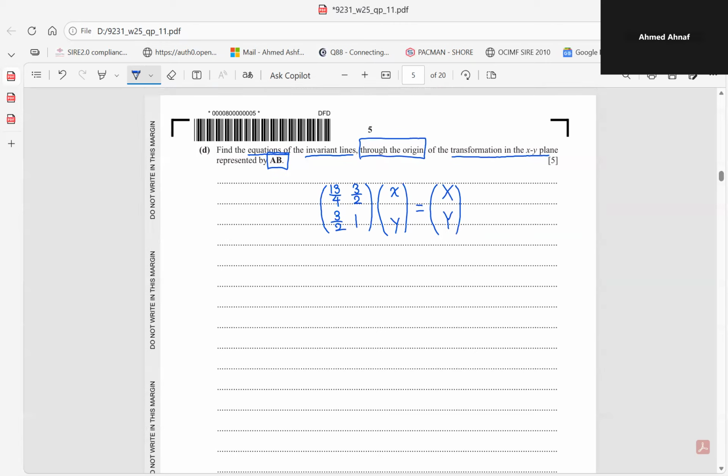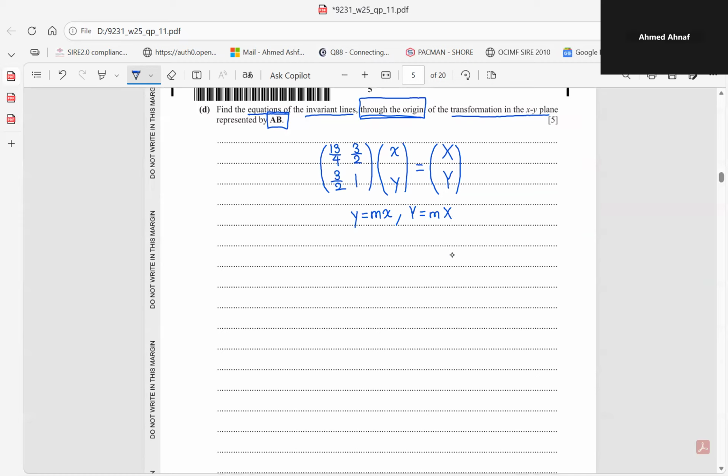Now, since it is through the origin, we can substitute, y just equals mx. Similarly, big Y is just m times big X.